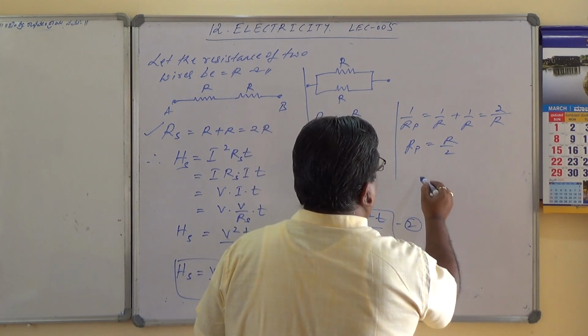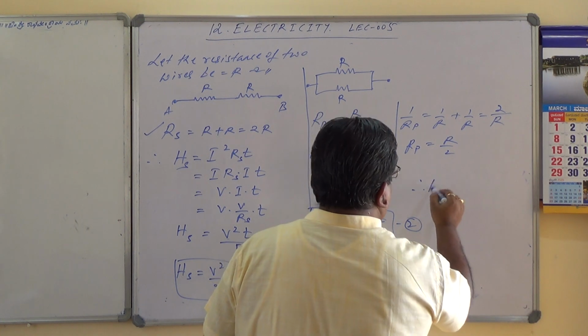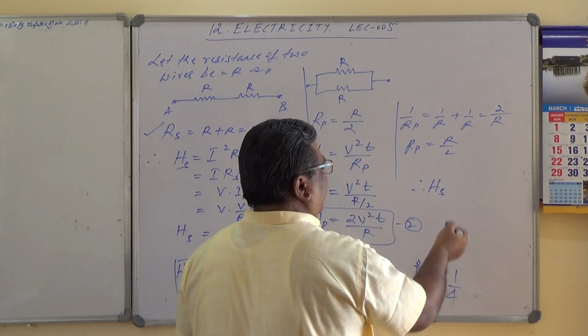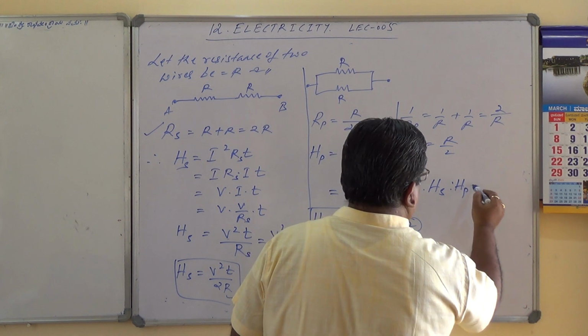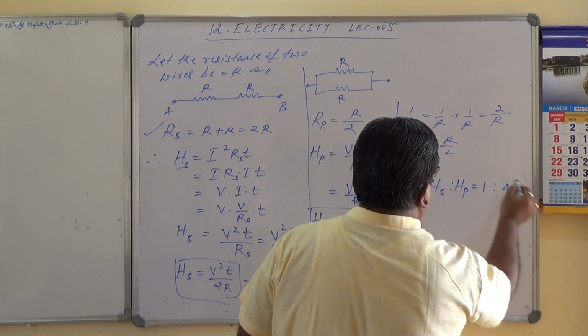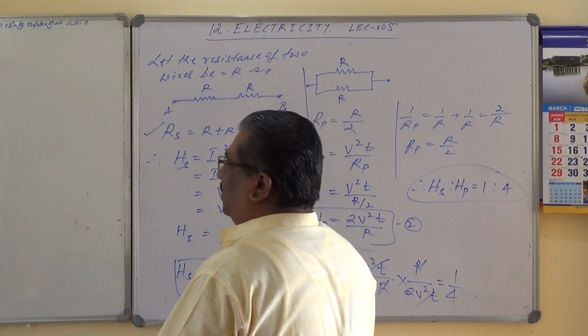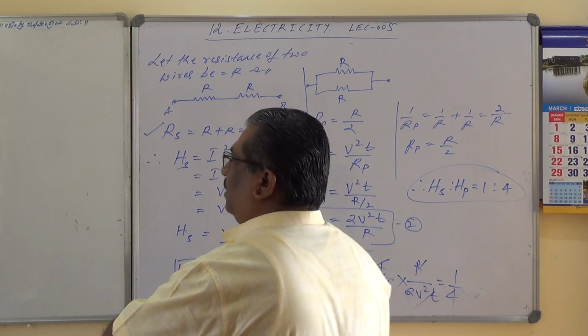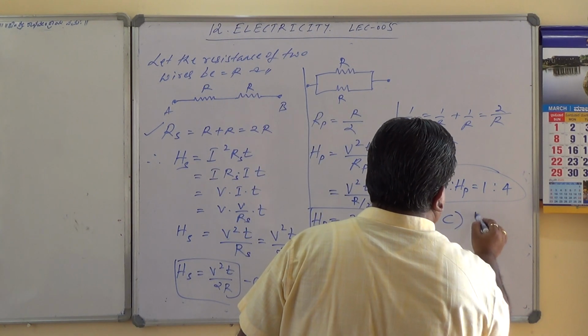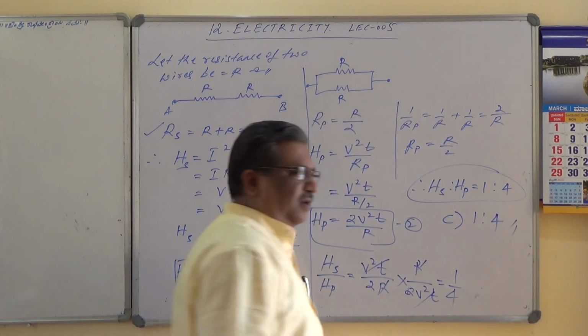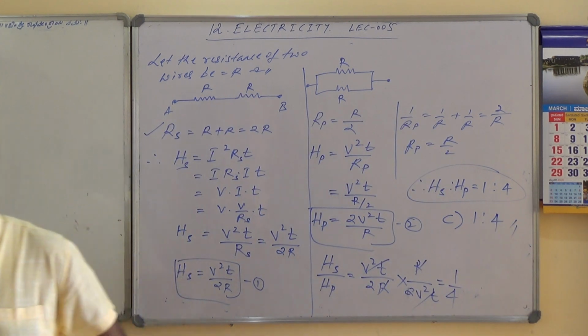Therefore the final answer is HS, the heat generated in series combination, to Hp, the heat generated in parallel combination, equals 1:4. Do we have this option? Yes, option C, 1:4 should be your answer. Please check the answer.